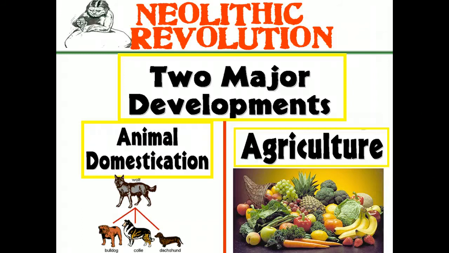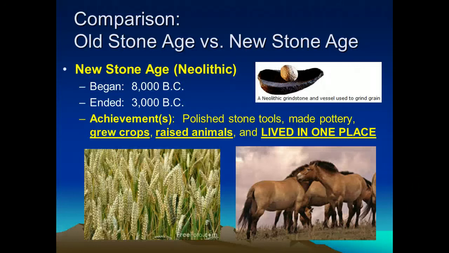Make plants grow when we wanted them to grow, how many we wanted to grow. This changed everything. And from that point forward, man began to live in one place. And this laid the seeds to what we now call civilization.